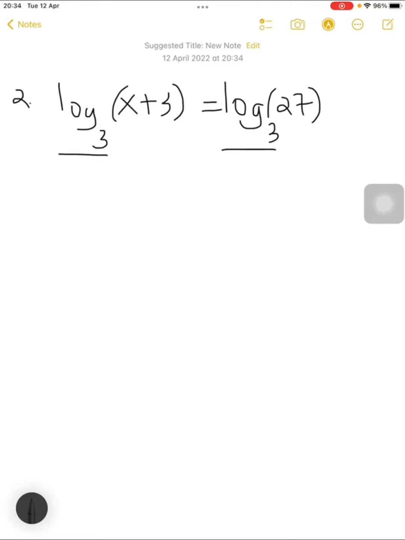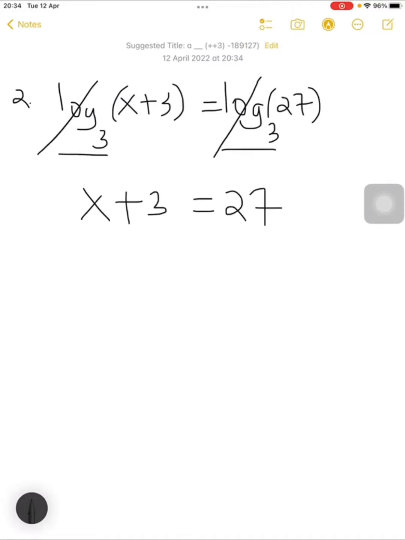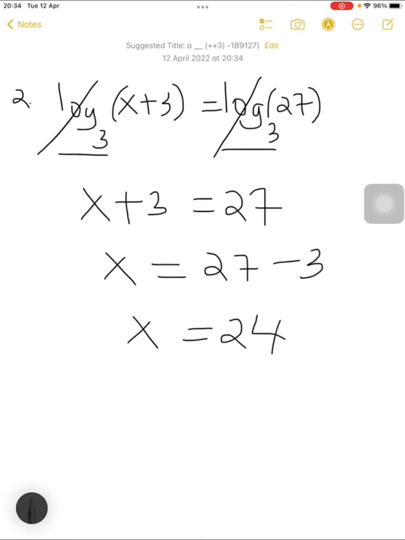So the 2 of them are the same, so we can cancel the logs, and therefore we remain with x plus 3 is equals to 27. We want to solve for the value of x, and therefore x is equals to 27 minus 3. X is equals to 24. Example number 3.